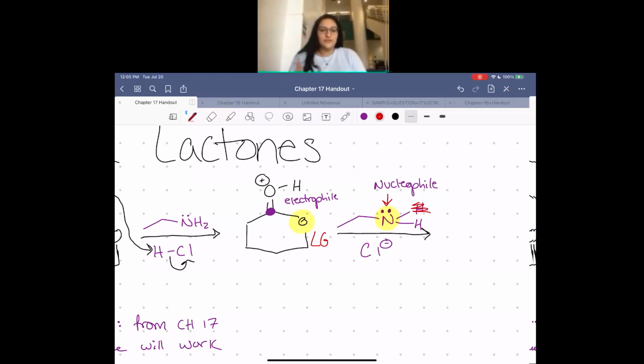So first things first. 1, 2, 3, 4, 5. And someone said, what's the leaving group? Precisely. So remember, when something is a leaving group, it has to have a carbon-oxygen bond, a carbon-nitrogen bond, a carbon-sulfur bond.